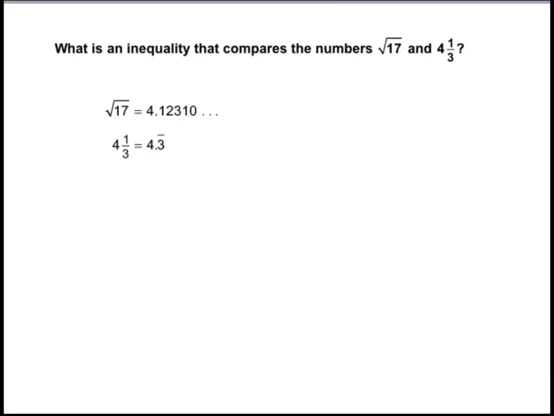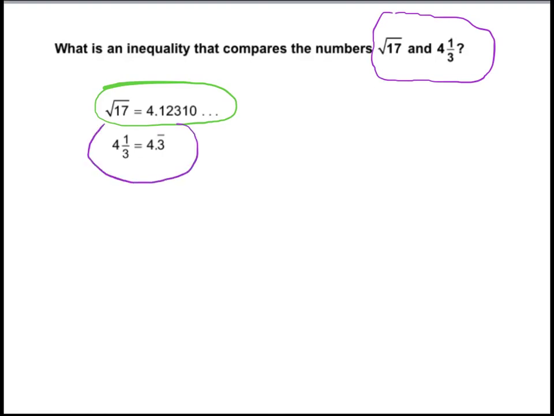If we were to compare these two numbers, square root of 17 and 4 1/3, well, let's find out what the square root of 17 comes out to. So it's approximately 4.12310, and 4 1/3 comes out to 4.3 repeating.